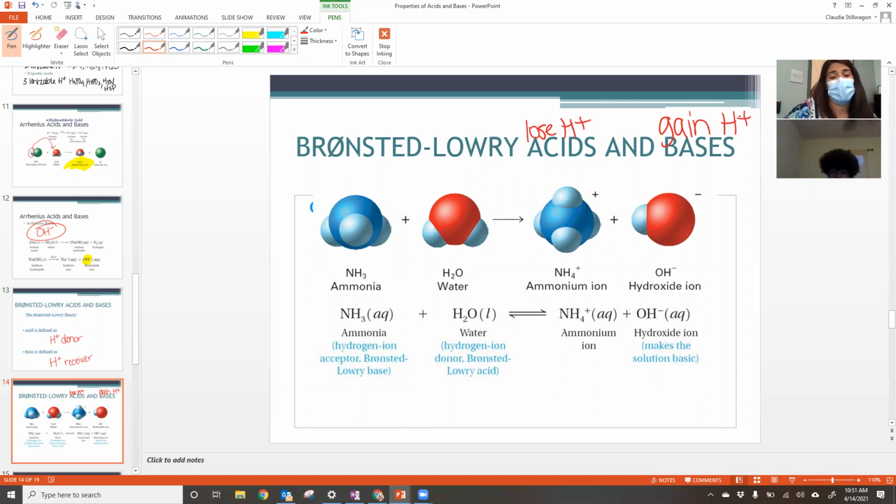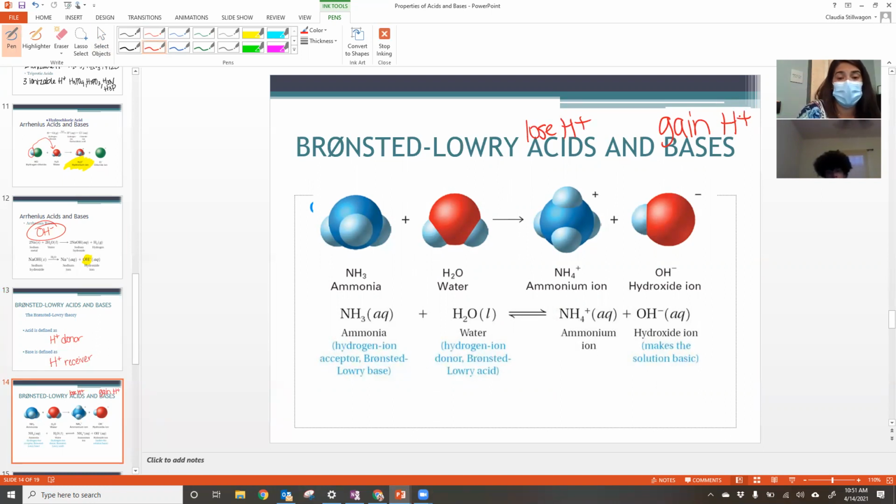So when we look at this, NH3 goes to NH4. Did it lose a hydrogen or gain a hydrogen? It gained. So by the definition, that makes ammonia a base.